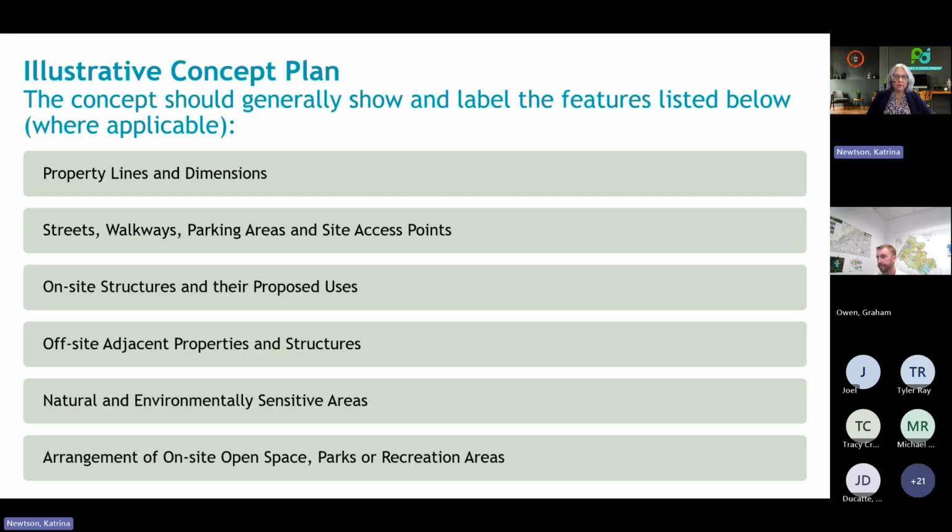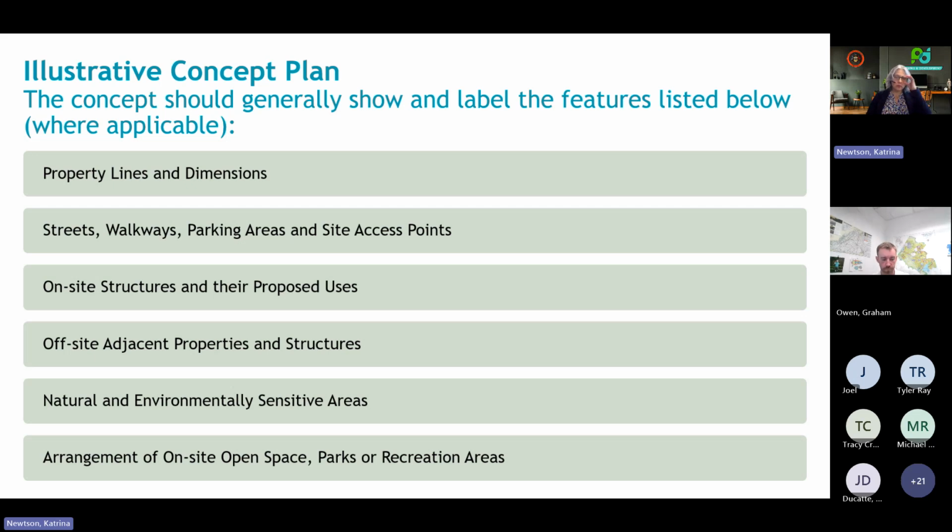Okay, the illustrative concept plan is another required document. It should show property lines and dimensions, street walkways, parking areas, and site access points, on-site structures and their proposed uses, off-site adjacent properties and structures, natural and environmentally sensitive areas, and the arrangement of on-site open space, parks, and recreation areas.